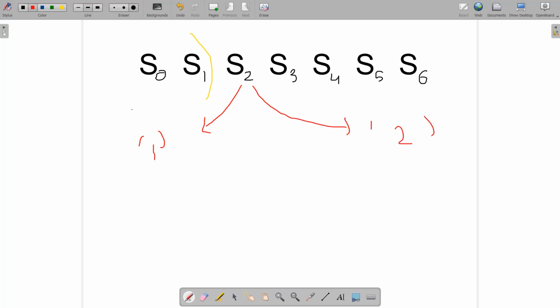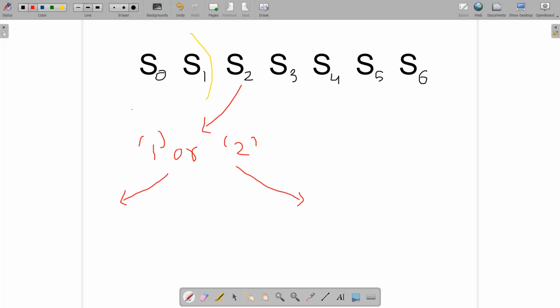Okay, now the thing is, if it is 1 or if it is 2, how are we going to find out the things very efficiently? So let's, why not talk about this 1 or 2 in common. Now if it is 1 or 2, let us talk about the case for S3.